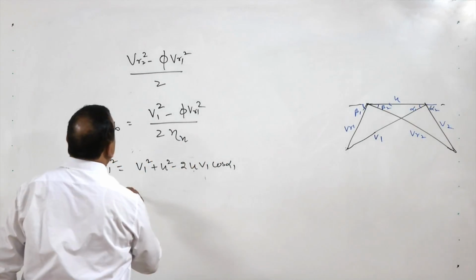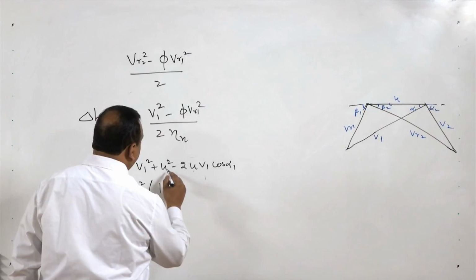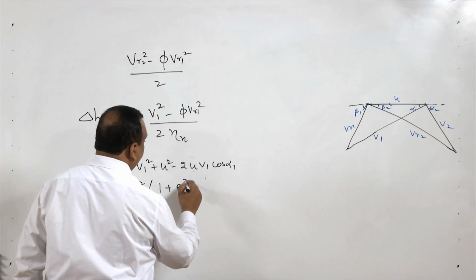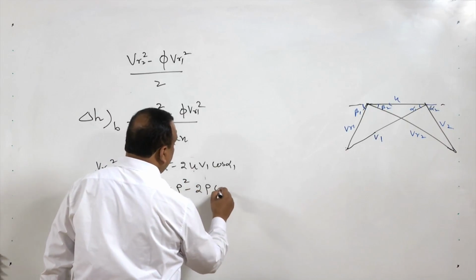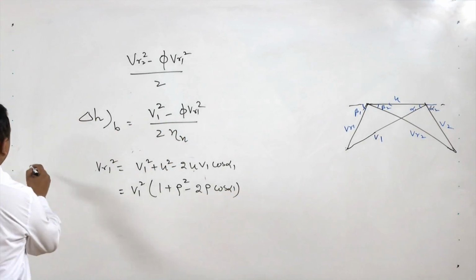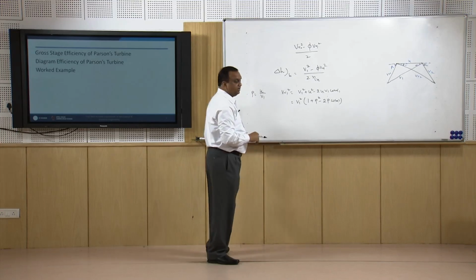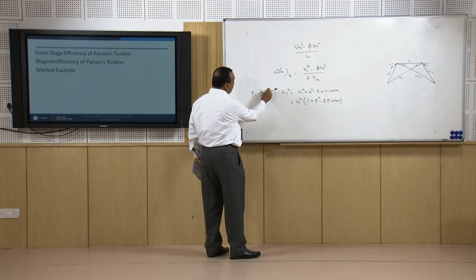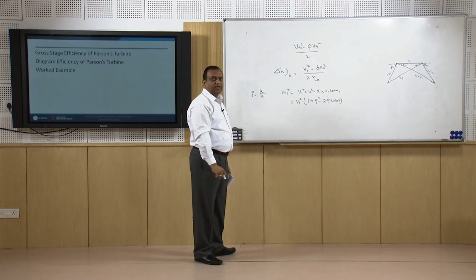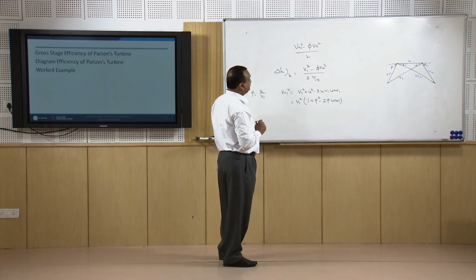Now, here we take out this V1 square, 1 plus rho square minus 2 rho cos alpha 1, because rho is U by V1, the ratio of peripheral velocity and the absolute velocity of steam which is entering the turbine.